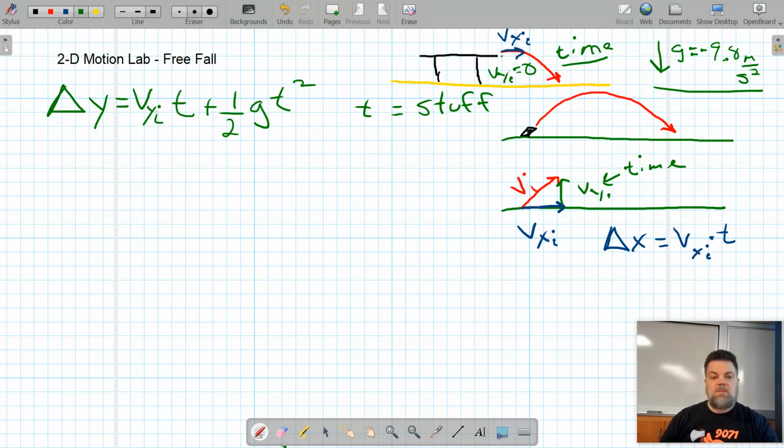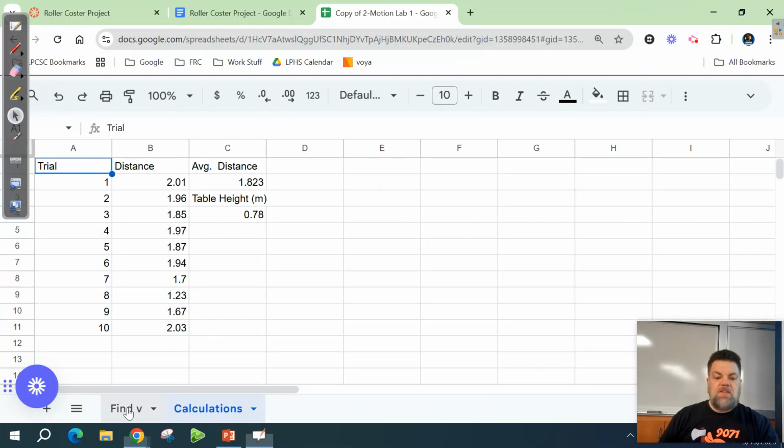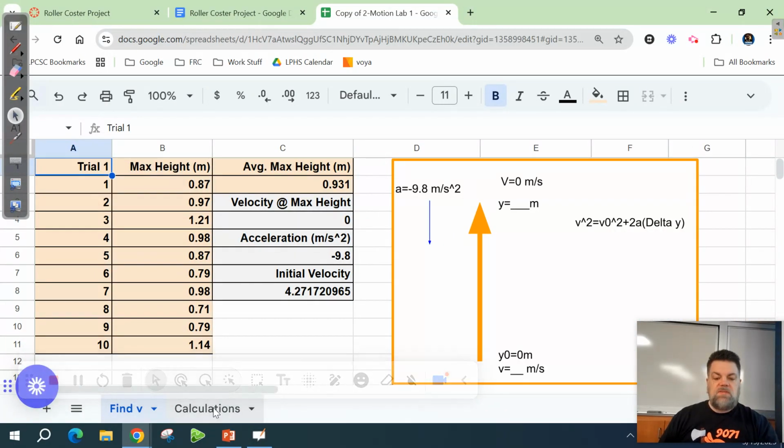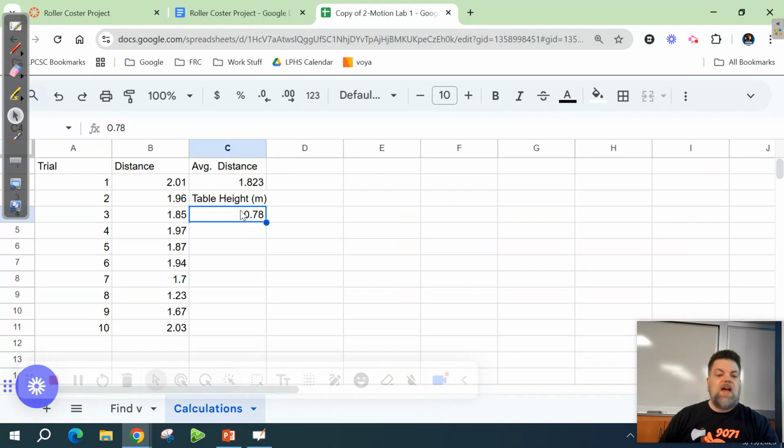Okay? And then you might say, well, what is delta y? Well, if we go back here, delta y is this distance. It's the table height. Okay? But we're going to let the computer figure all that stuff out.